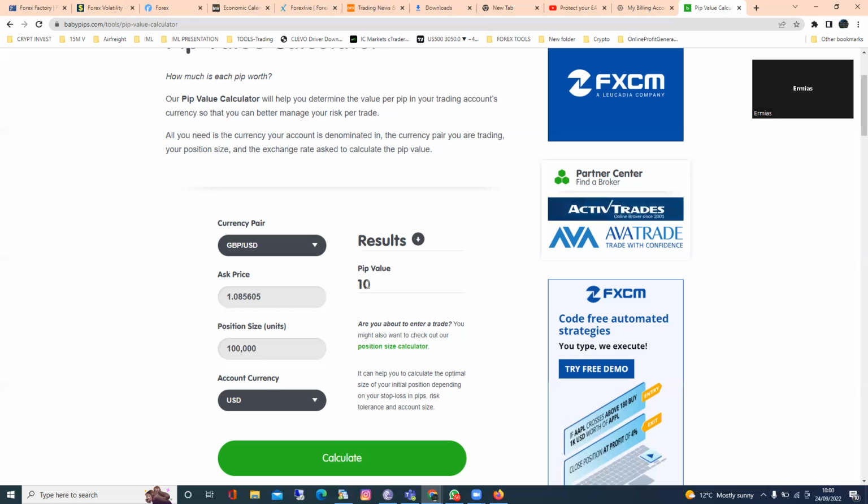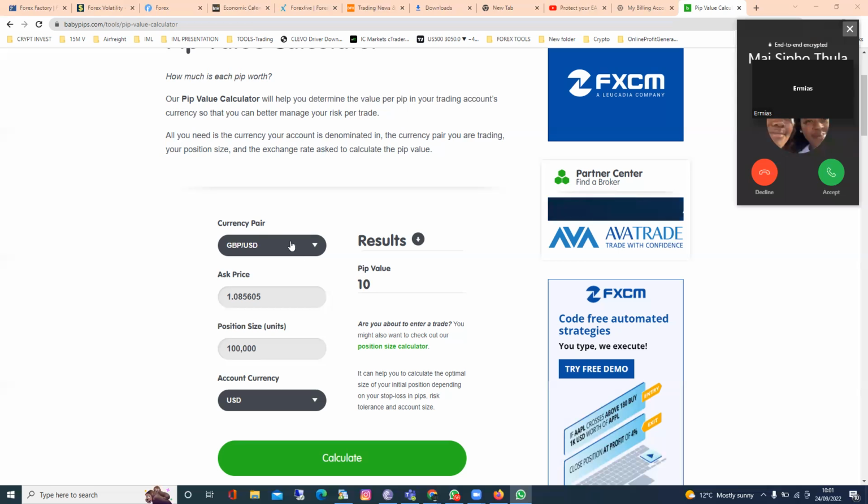If it moves to 1.0860, then I will make 30 full dollars plus whatever is left out of what the brokers take out of their own commission from the first pip that I make. All right, so that is the way the pip is calculated, and for different pairs it is different.